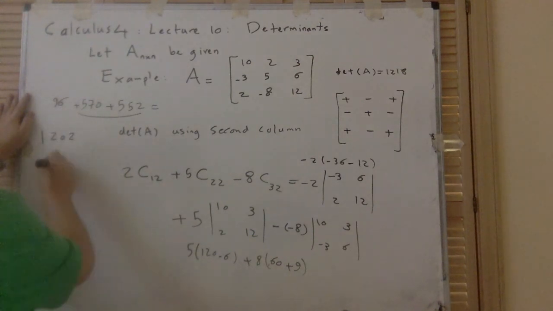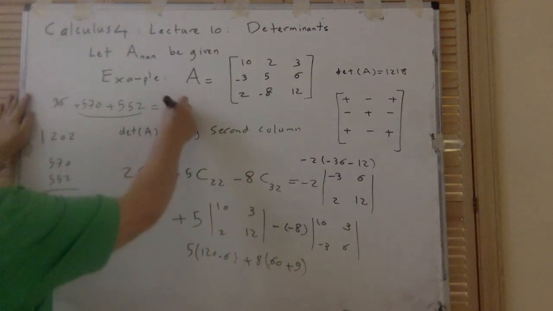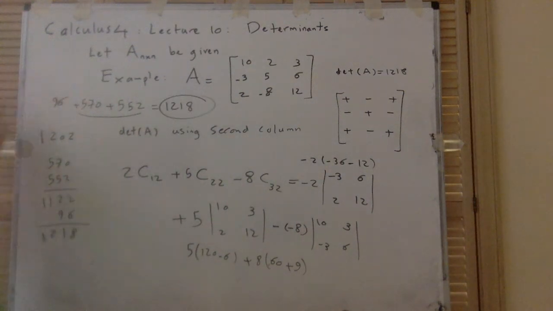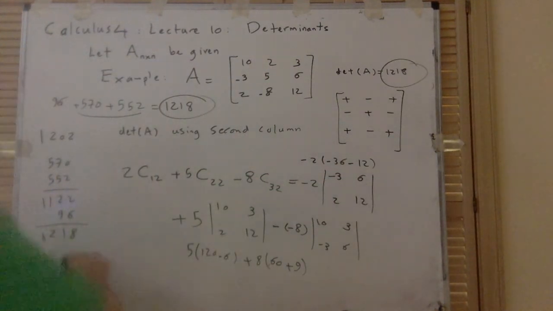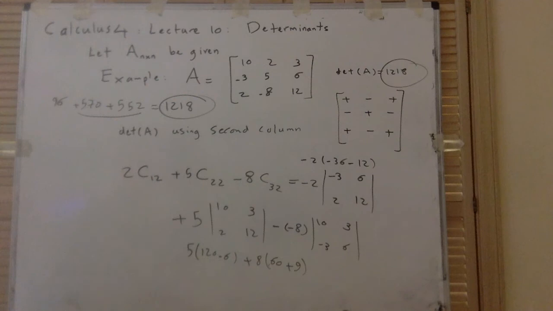No. Did I make a mistake anywhere? Because it doesn't seem to be 1218. Maybe it is, yeah. 96 plus 570 is 666, minus 552... yeah, 1218. So listen. Okay, so as you see, I have the same thing.